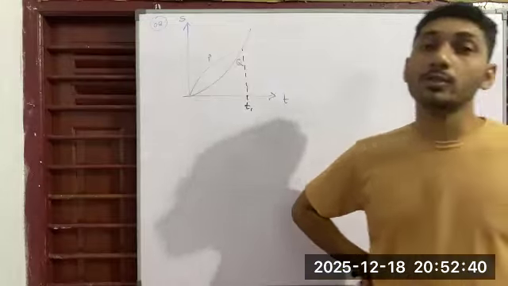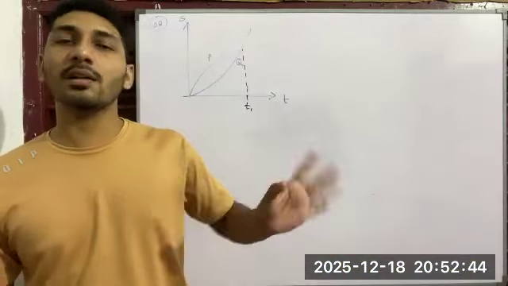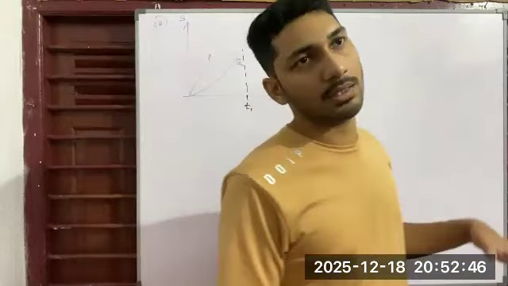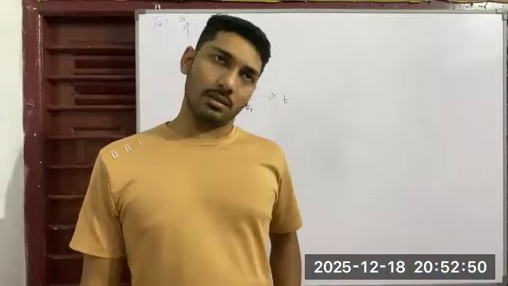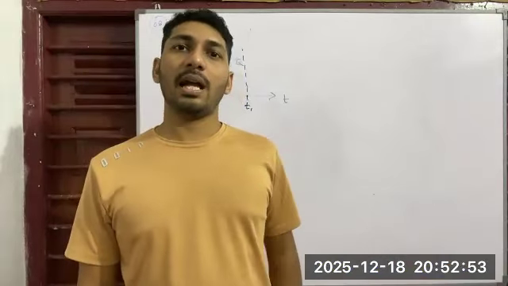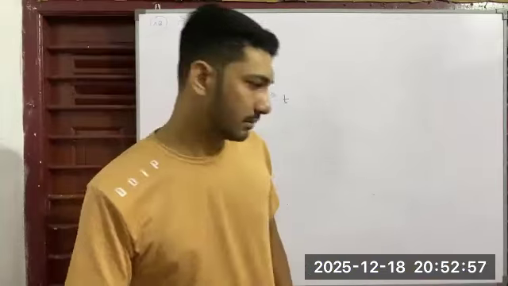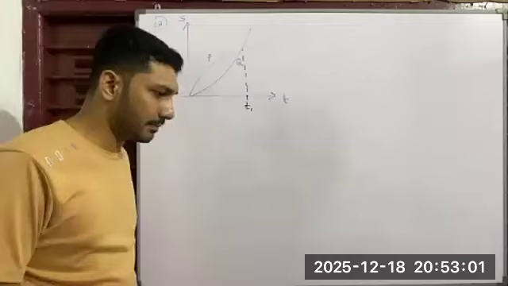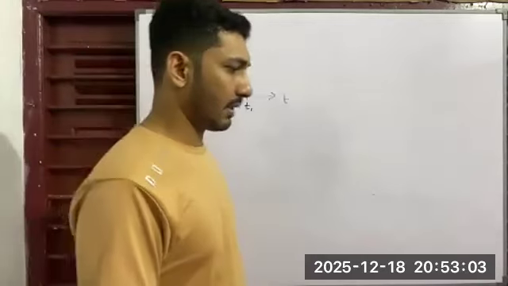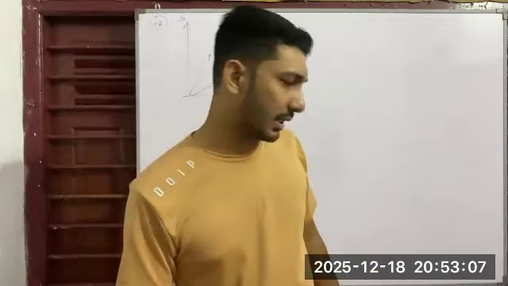No. Velocity and force? No, they are unrelated. Velocity is not related to displacement or acceleration. Acceleration is always related to force. They can only be in the same direction. So the correct answer is A and F. Second one.